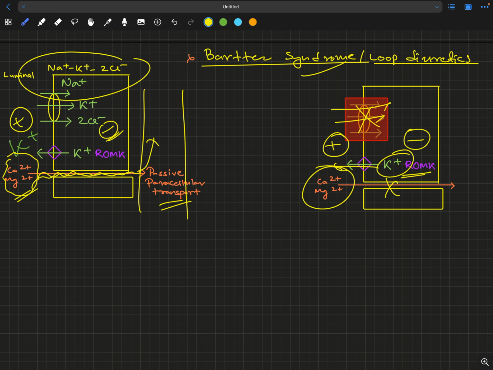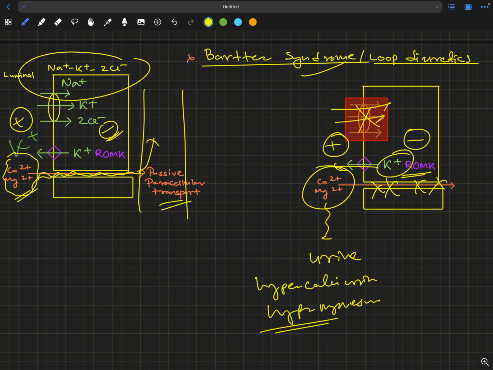So now there is no gradient, so there will be no reabsorption of calcium and magnesium. This calcium and magnesium will go in urine. That will lead to hypercalciuria and hypermagnesiuria. So that is the effect of loop diuretics and Bartter syndrome on calcium and magnesium.